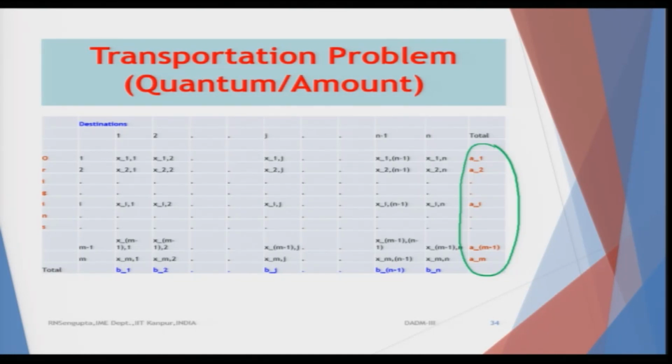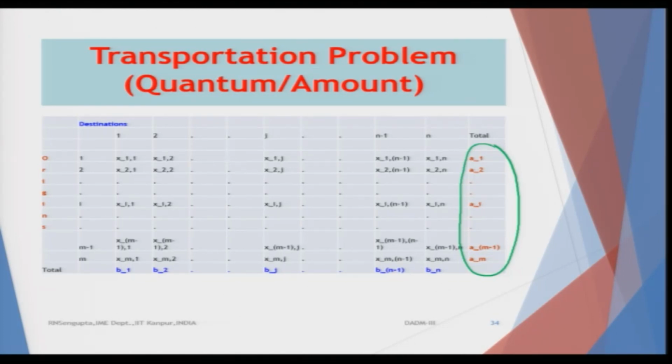Addition of all these basically comes out to b suffix n-1 and the last destination, which is the nth one, the quantum of supply which is happening from each and every origin from 1 to m are correspondingly like this: x 1n, x 2n, x in, x m-1 n, x mn and the total value if I add up basically comes out to be the value of b n.